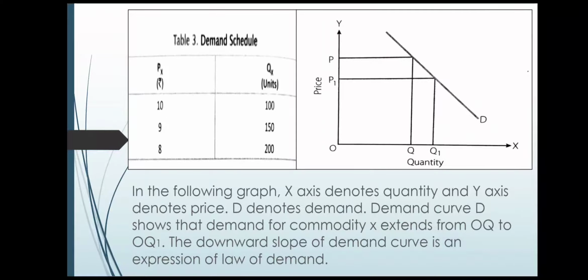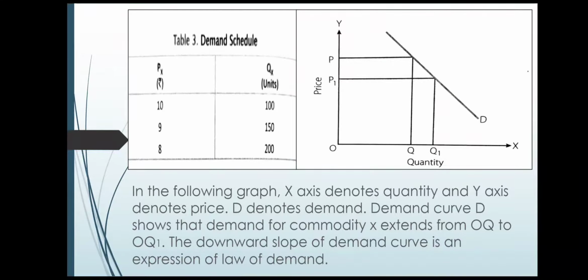To your right, there is this graph which is not precisely showing the figures mentioned in the demand schedule. This graph is general in nature, which is using alphabets to show this law of demand. It is using P, P1, Q and Q1.